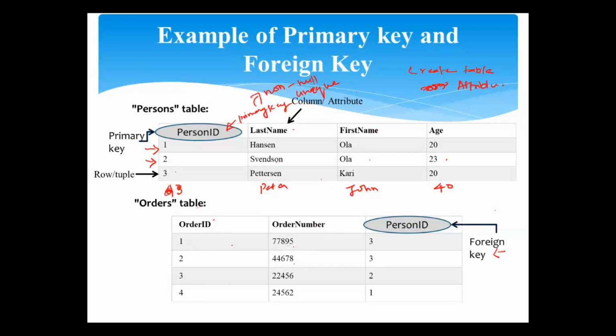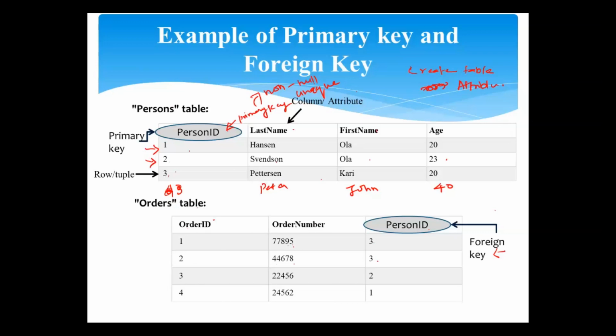In this example, the person 3, Peterson, has made two orders, of order number 77895 and of order number 44678. I also have in the order table the person id as 3. In this way I can retrieve the data from two tables, the person table and also the order table.